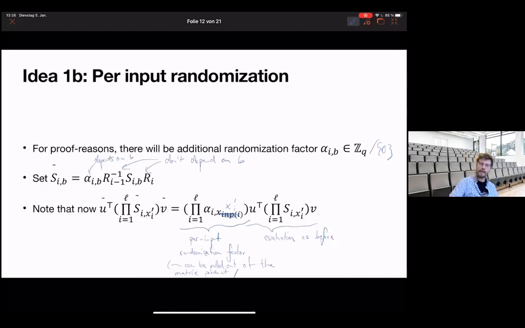Okay, good. So in a way it doesn't really influence the matrix product, since it's just scalar factors. We have this subset product which just floats in front of this matrix product.